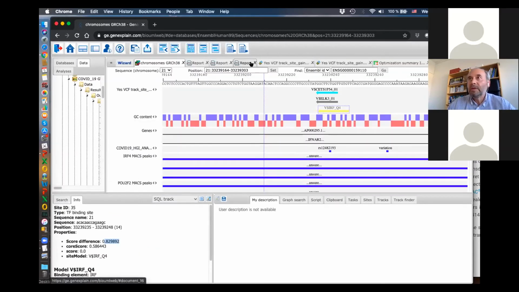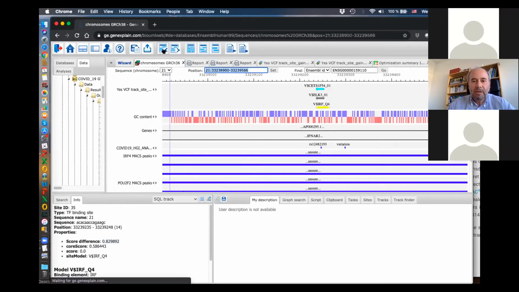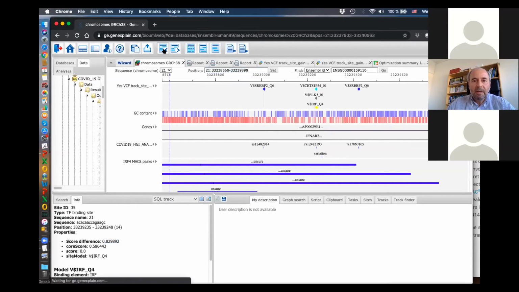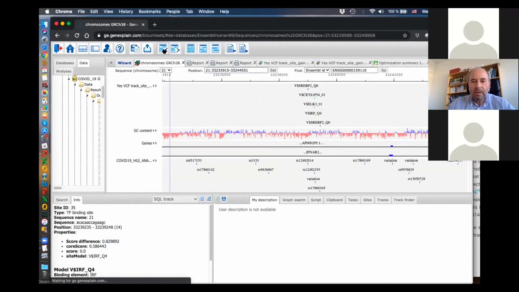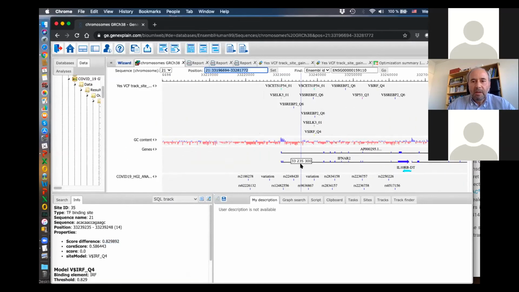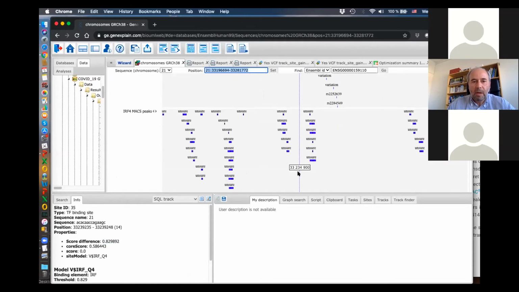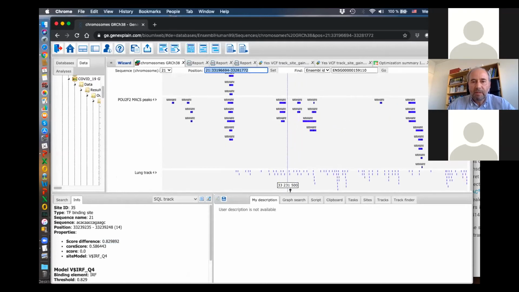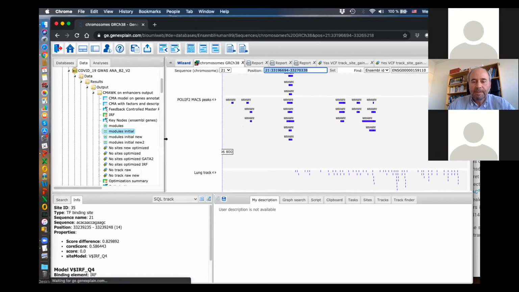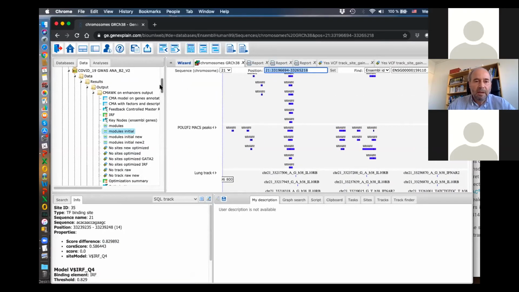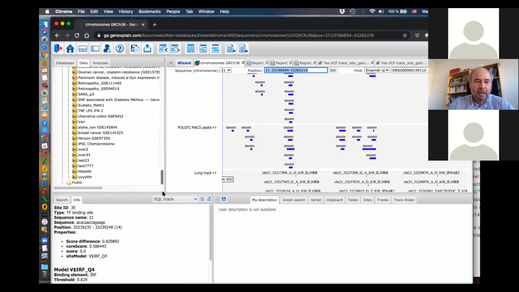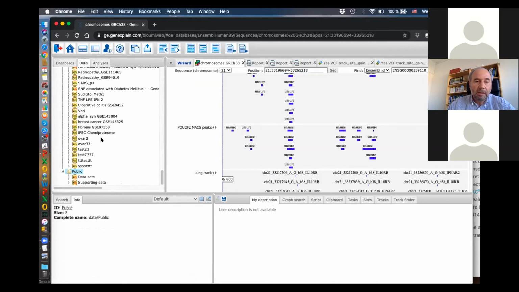But what was interesting was to look at what is happening in this region in general. And we can zoom out a little bit, and we can plot here some more information. For instance, we can plot here data from other databases. There's a famous database which collects eQTLs.